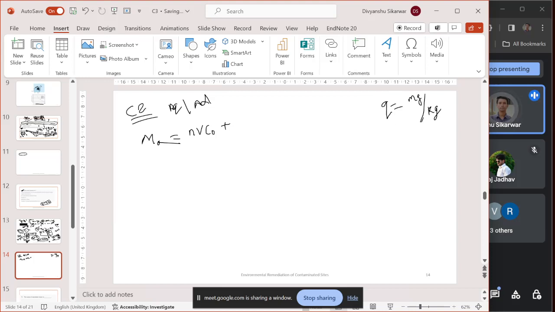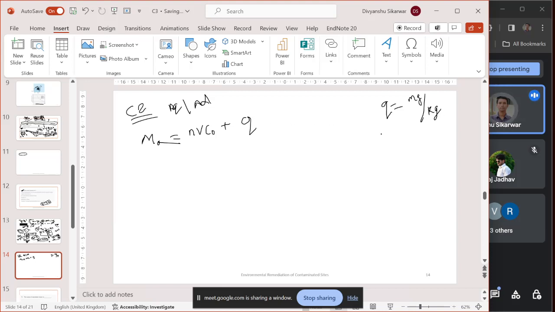But we want mass, so we also need to calculate how much soil we have, how much soil is there in this volume. Then only will we get how many kg of contaminant is adsorbed on the soil, right?